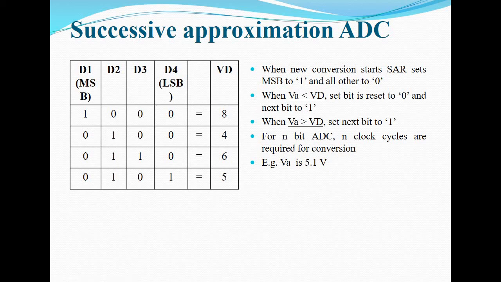Since for the second iteration VA is less than VD, the set bit is reset to 0. That means this one is reset to 0 and the next bit to 1, and D3 and D4 are 00. The decimal value of 0100 is 4.